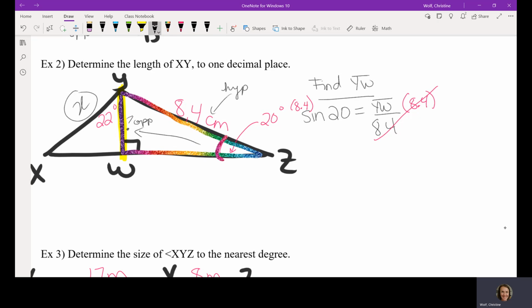And you should find that the length of the side YW, that shared side, is 2.9. Okay, so I'm going to go into my triangle now and actually write in that this is 2.9.